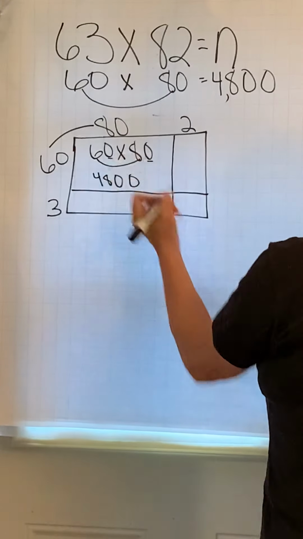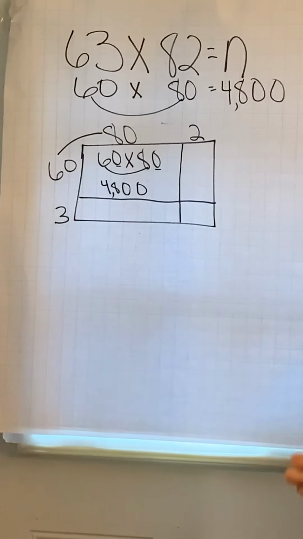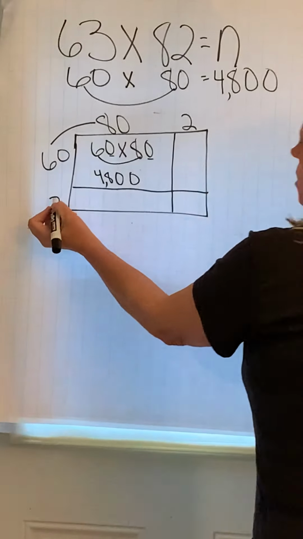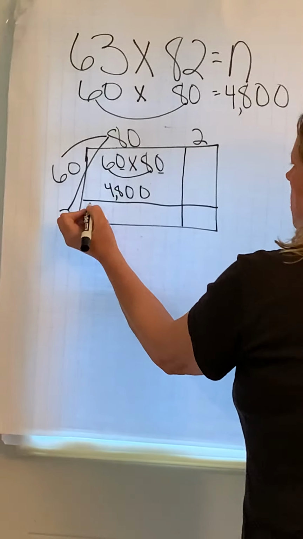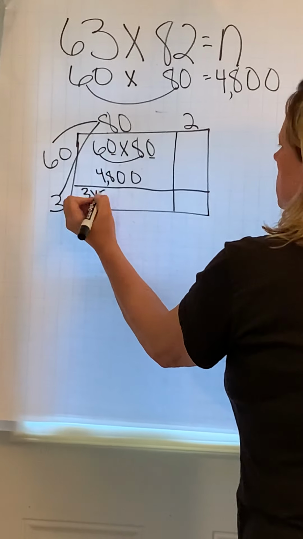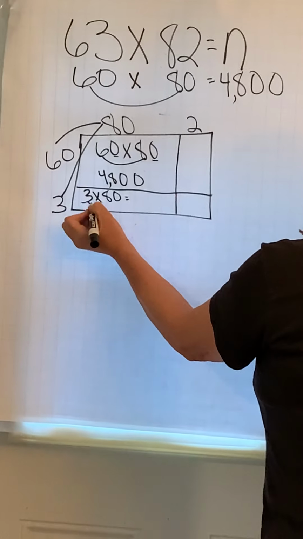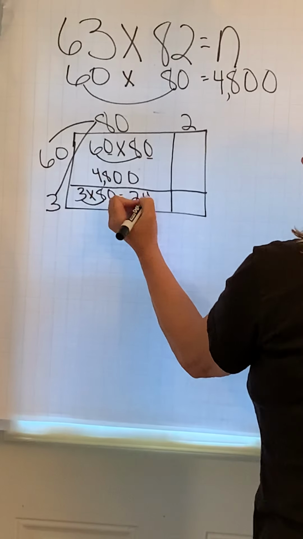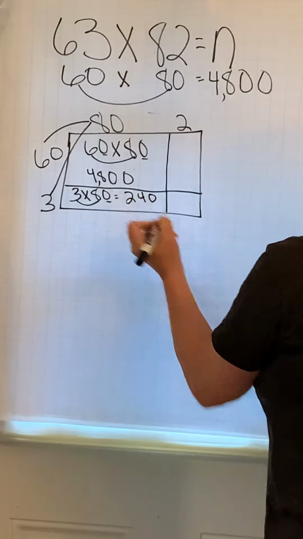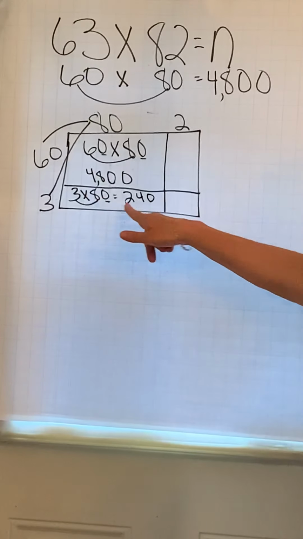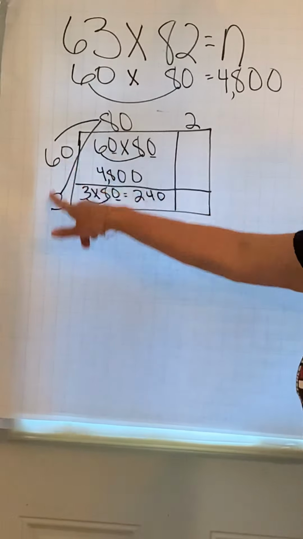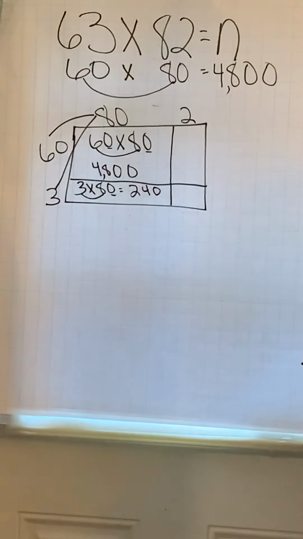So 60 times 80 is 4,800. Now we're going to multiply the 3 and the 80. 3 times 8 is 24. We place the 1 zero. 3 times 80 is 240. So we've done this side so far, okay?